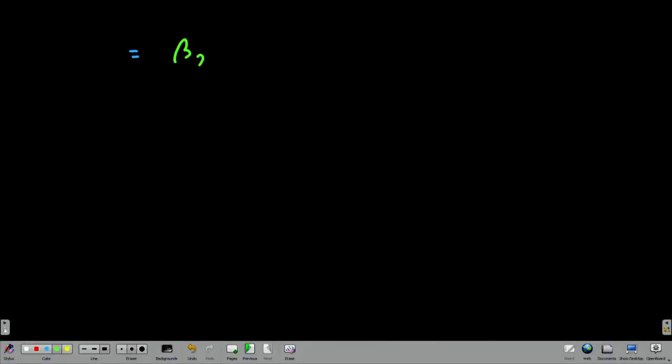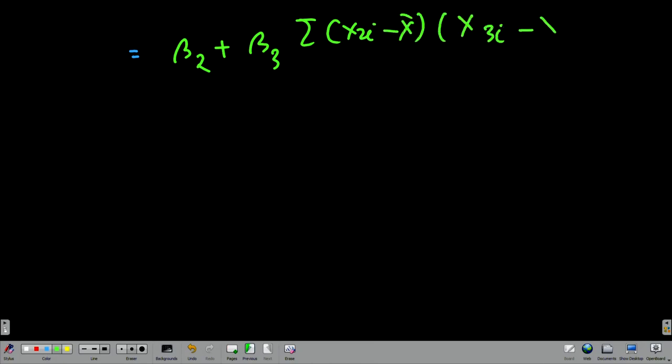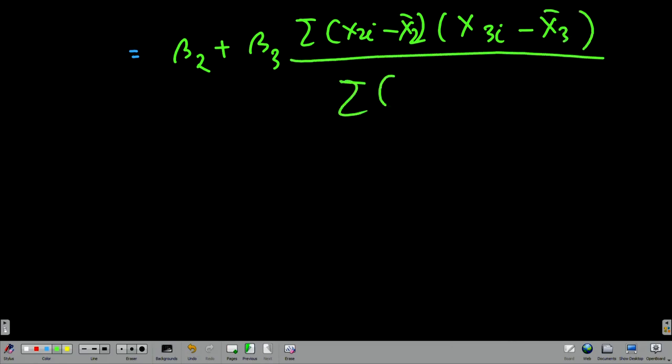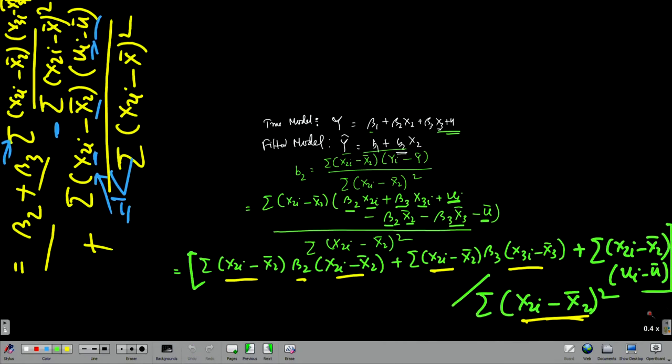So, beta 2 plus beta 3 into summation x2i minus x2 bar into x3i minus x3 bar, and in the denominator I had summation x2i minus x2 bar squared. Okay. And the third term was 0. Now, we are estimating B2, right.